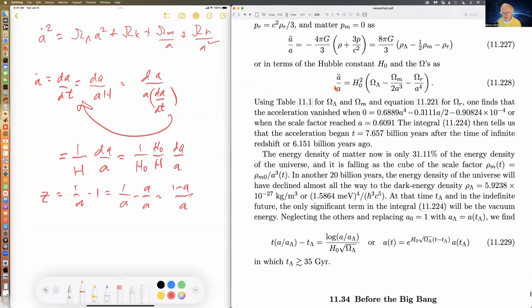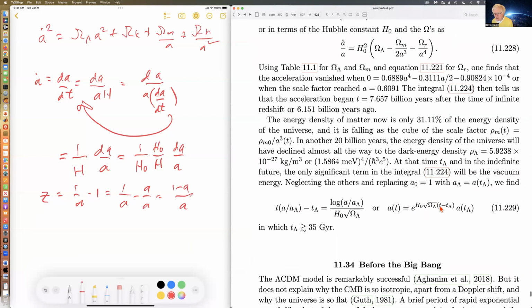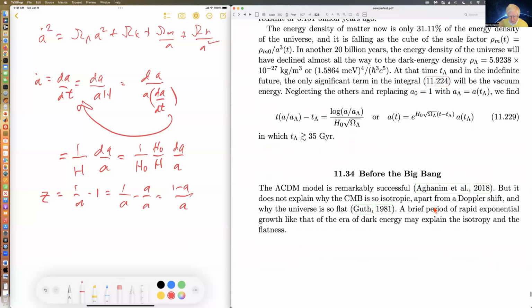And if you ignore these two, you simply get an exponential. You get that a of t is the Hubble constant, the square root of the energy density times the time times the scale factor. And so this expands exponentially, and basically that's the indefinite future of the universe. Unless there's something we don't know about, the universe goes on expanding forever.